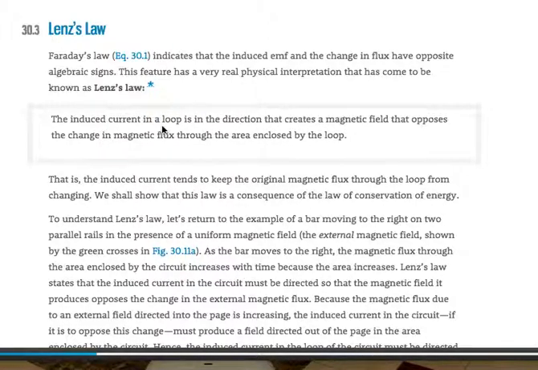The induced current in a loop is the direction that creates a magnetic field that opposes the change in magnetic flux. So basically, inductance is like a little old lady trying to keep things the same, doesn't like change. So if it changes one way, it's trying to return it to whatever it was. So the current that's induced in a loop will be induced in a direction that would create the opposite magnetic field.